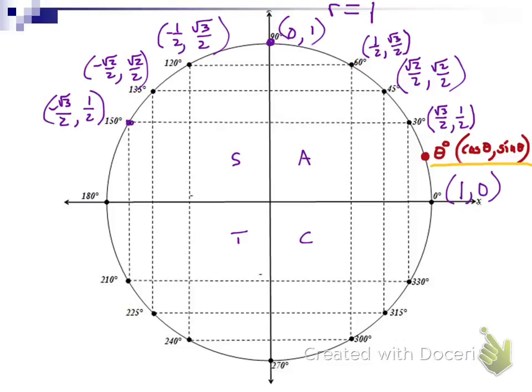Go with me? And then this point, 180 degrees, the x-coordinate is negative 1, the y-coordinate is 0. What does that tell us? Cosine of 180 degrees is negative 1. Sine of 180 degrees is 0.